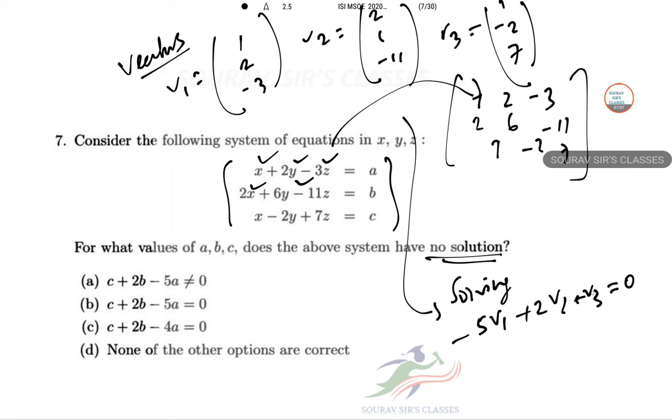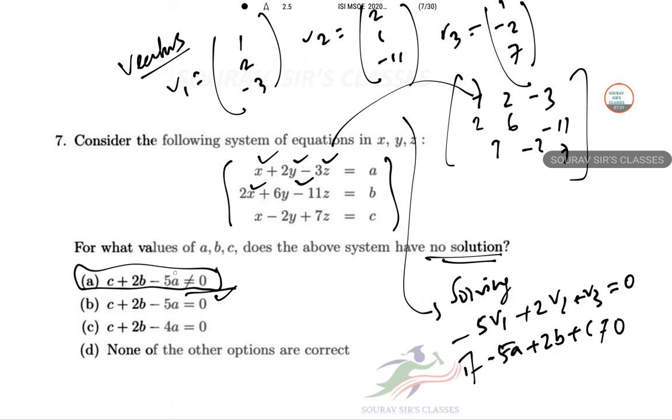This thing will give you 0. So there is no solution of the system if minus 5a plus 2b plus c is not equal to 0. So 5, 2, and 1, these are the coefficients. I have got it directly and I have to put it over here. So this will fetch me the answer. So the answer to this question is option number A.